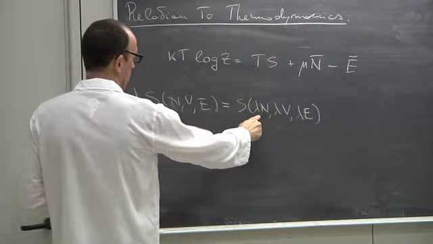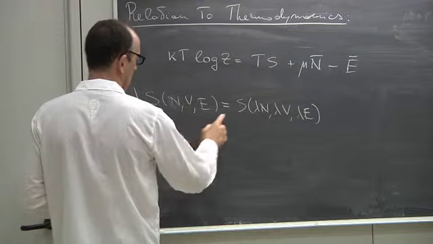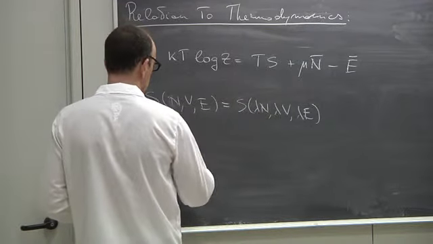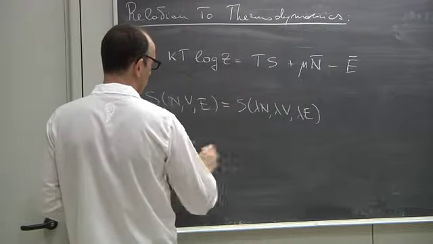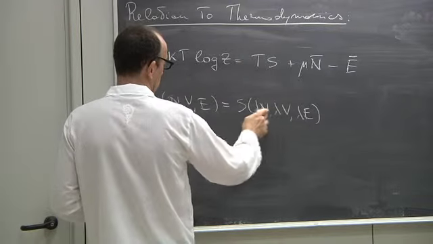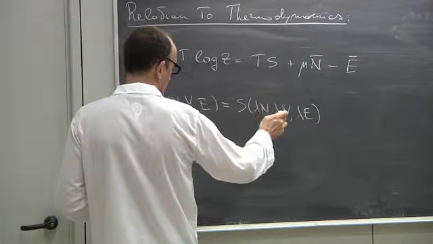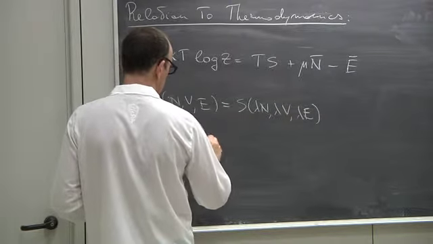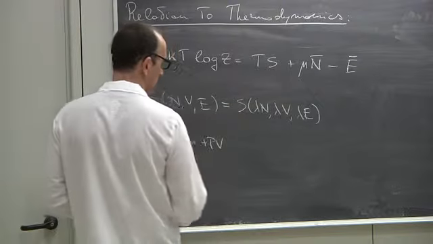And on this side you get n times the derivative of S with respect to n, which is minus the chemical potential. Here you get the derivative of S with respect to V times V, so you get PV.